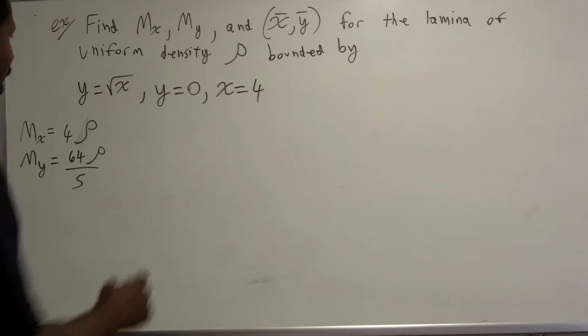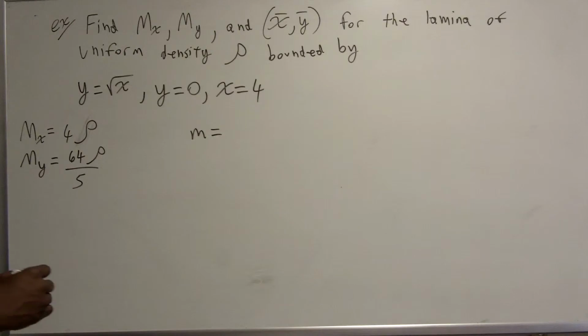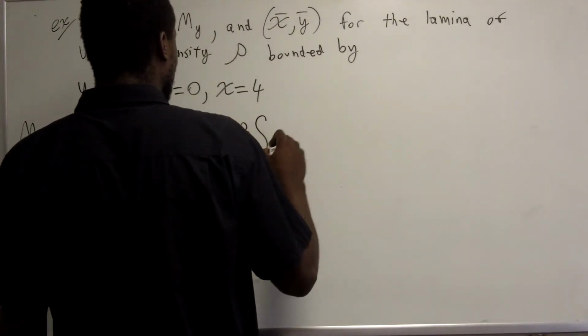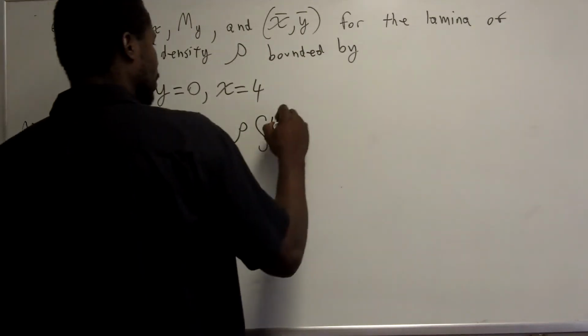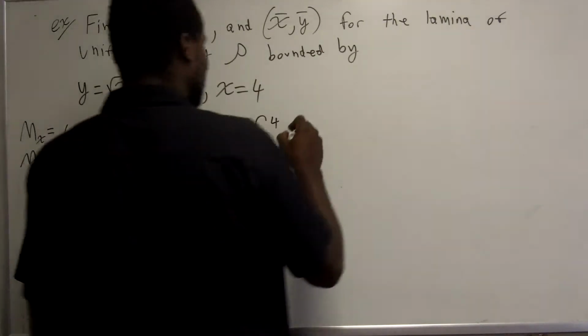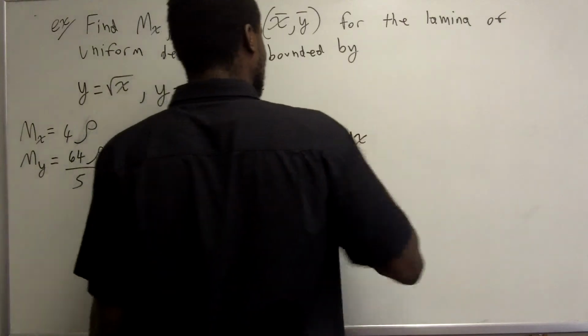So the total mass, m, well, we had the formula that said m is equal to rho times the integral from a to b, which in this case is from 0 to 4 again, multiplied by f of x minus g of x dx, which would be the square root of x minus 0 dx.